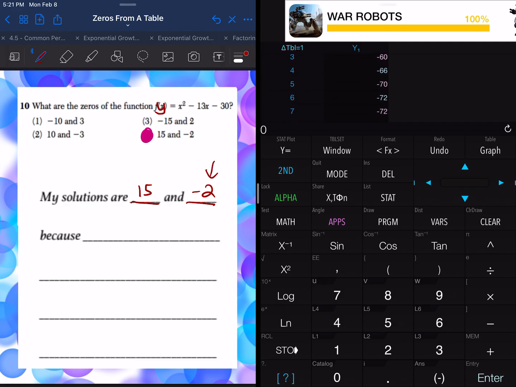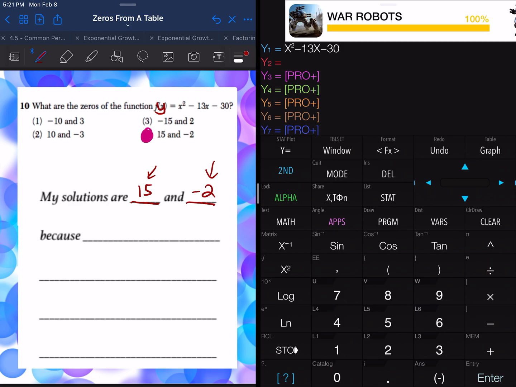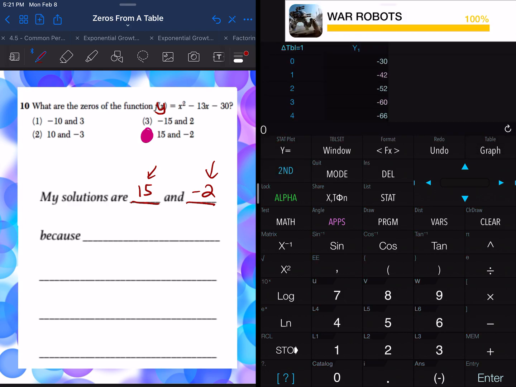I'm going to scroll down in my table a little bit. Another 0. And look, the x value is my other answer. So this is how you can solve these equations. You type in whatever they give you into y equals, hit second graph, and just look to see where you have a 0 in the y column.